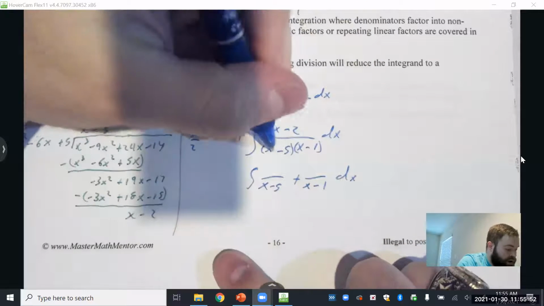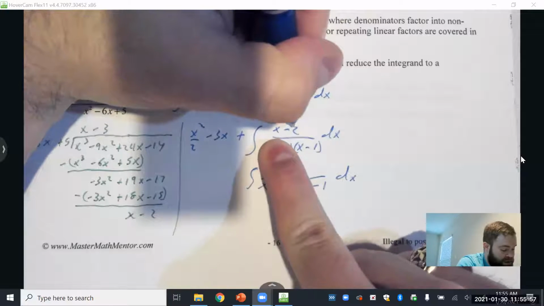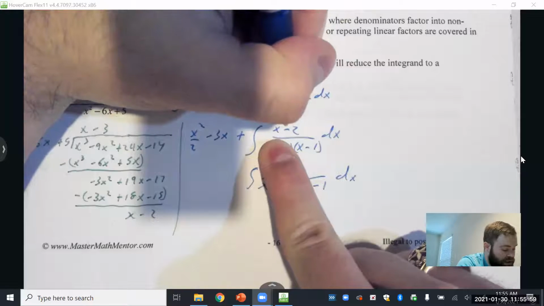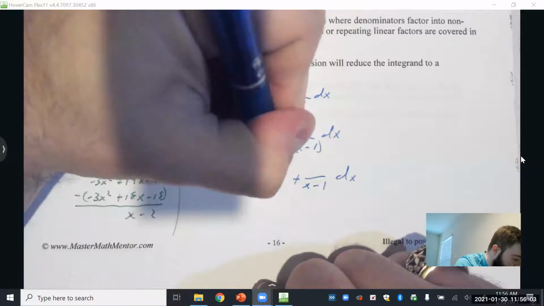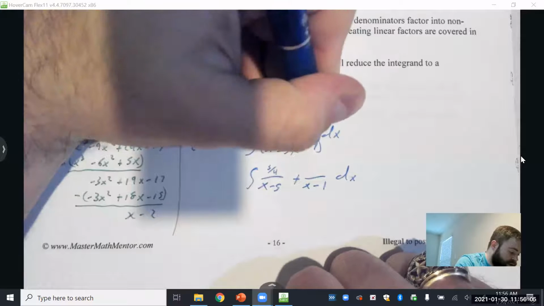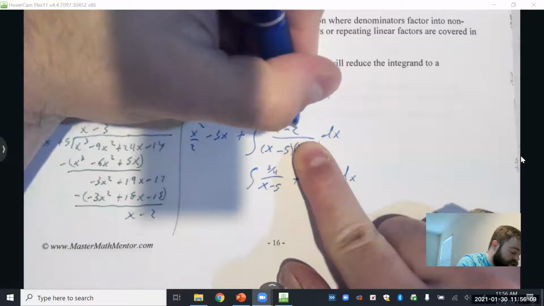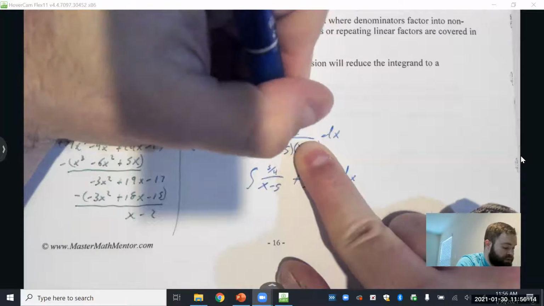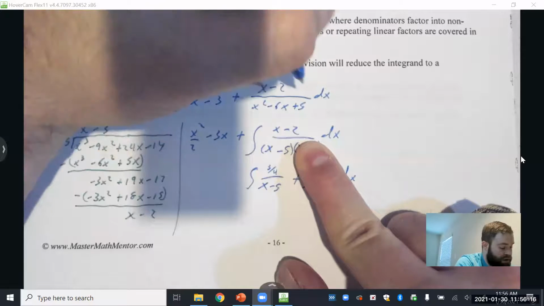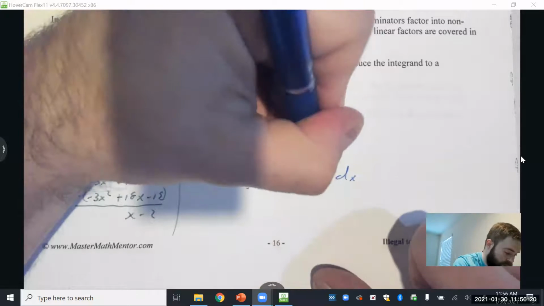So I'm going to cover up the x minus 5 and plug 5 in. 5 minus 2 is 3, and 5 minus 1 is 4, so it'll be 3/4. Then cover up the x minus 1 and plug 1 in. 1 minus 2 would be negative 1, and 1 minus 5 would be negative 4. A negative over a negative will cancel to be positive, so it'll be 1/4.